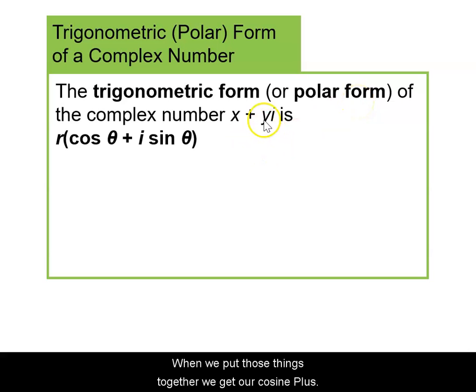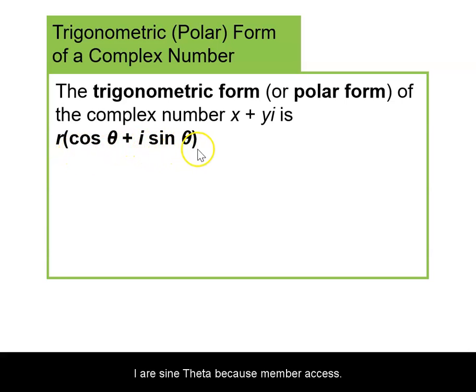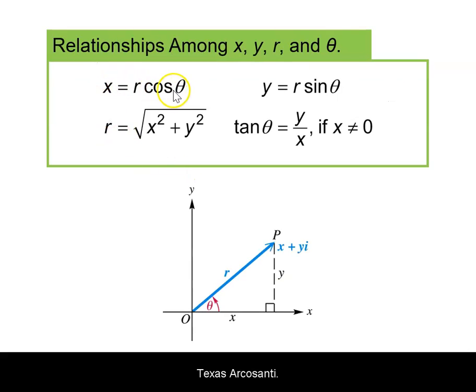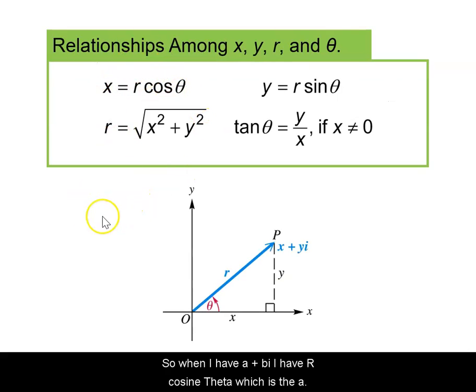So when we put those things together, we get r cosine theta plus i r sine theta, because remember, x is r cosine theta. So when I have a plus bi, I have r cosine theta, which is the a, plus bi, which is replaced with r i sine theta.